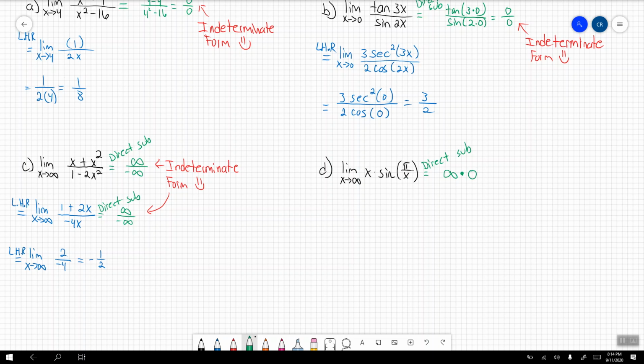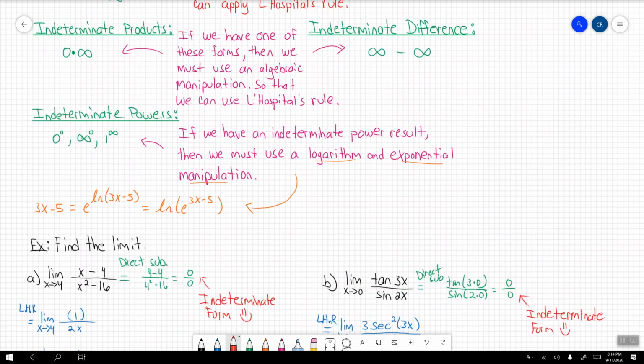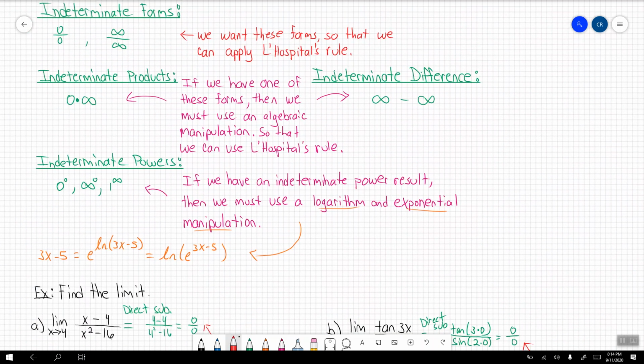And we have that one spot. Now, at this point in time, this is what we call an indeterminate product. And according to the process for an indeterminate product, we now have to use some sort of algebraic manipulation.